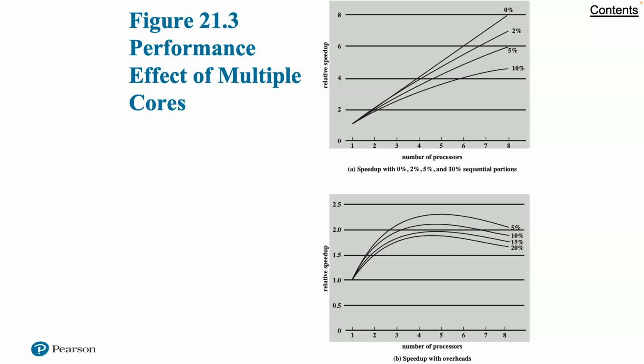So you have to be doing coordination and operating system management. Figure 21.3b is a representative example of what starts to happen when we go above a certain threshold: things start to fall off.